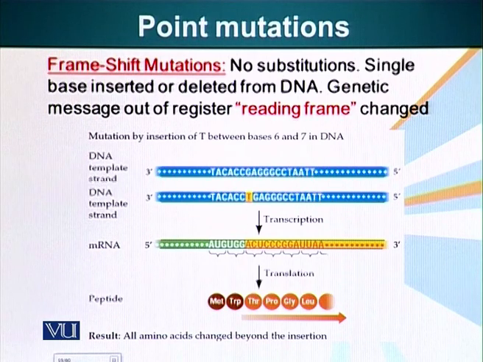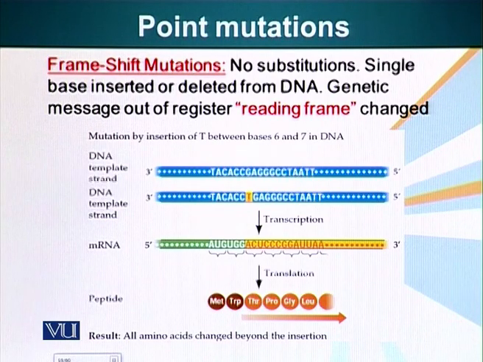They're frame shift mutations. A codon is a sequence of 3 nucleotides, and this is how it is read by the ribosome, 3 nucleotides at a time. So if there's an addition or deletion of a single nucleotide, the whole reading frame is altered.